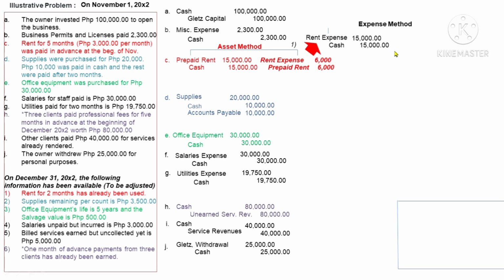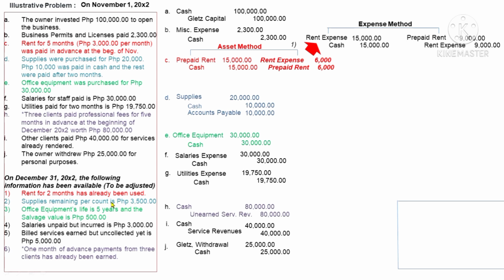However, as an adjustment, remember, only 2 months rent or 6,000 was actually consumed. So you need to deduct 9,000 from the rent expense. So we have to credit rent expense for 9,000 and debit prepaid rent for the establishment of the unused portion.